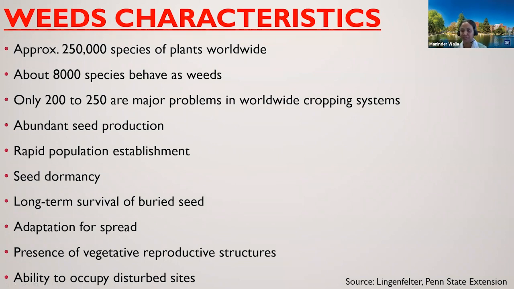They also have the capacity for vegetative reproductive structures, which helps them reproduce. For example, perennial weeds have special structures such as rhizomes, tubers, stolons, and roots that allow them to reproduce and survive for long periods of time. And lastly, when a site is disturbed, weeds are usually the first to emerge.